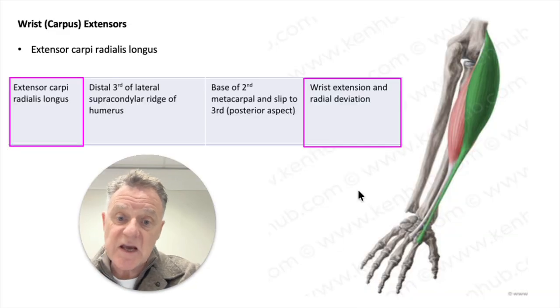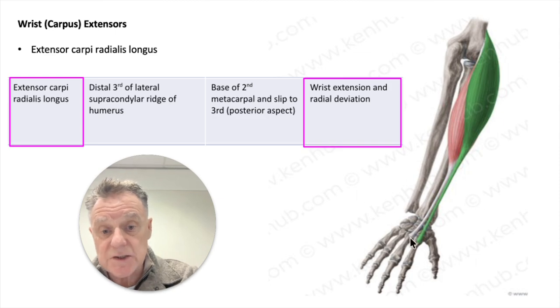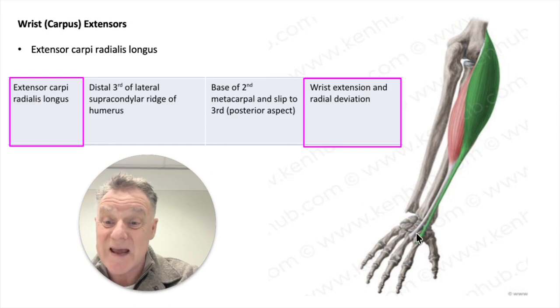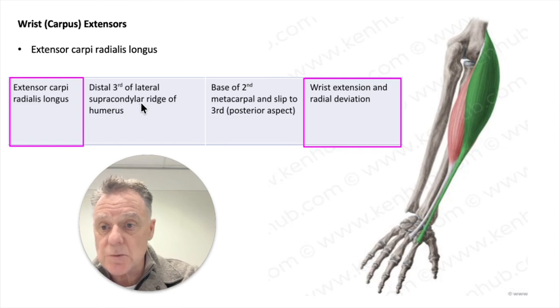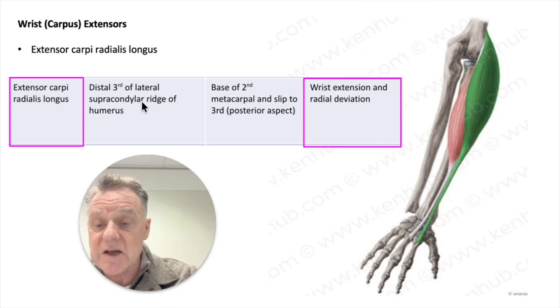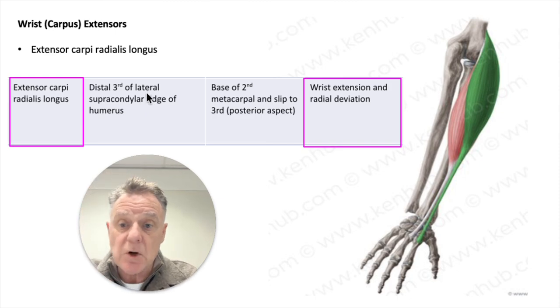All right, so let's have a look at the muscles that actually have effect on the wrist and the hand. The first one is extensor carpi radialis longus, and it's from the distal third of the lateral supracondylar ridge of the humerus. Now again, you don't need to remember origins, insertions.